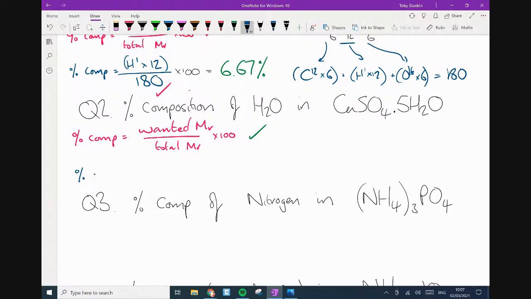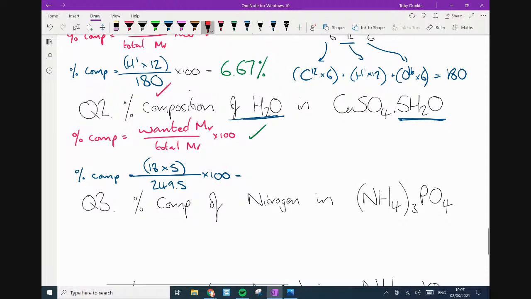What am I after? Water, I've got 5 waters. So water is 18 times 5, because water weighs 18, over, now we already did this total in the homework, 249.5 times 100 equals. And by the way, 1 mark for 249.5.